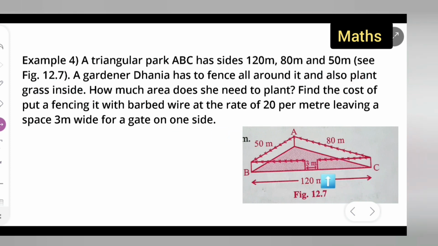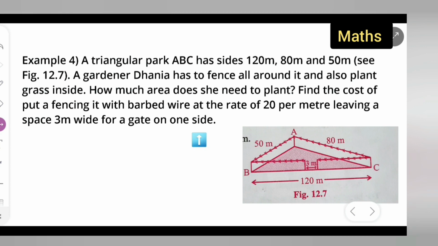A gardener Danya has to put a fence all around it and also plant grass inside. How much area does she need to plant? Find the cost of fencing it with the barbed wire at the rate of 20 per meter, leaving a space of 3 meter for a gate on one side.